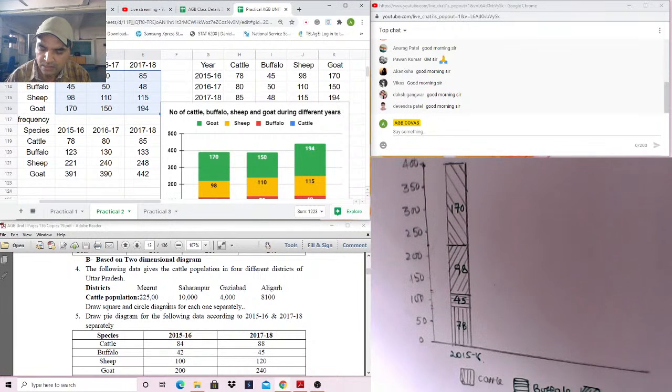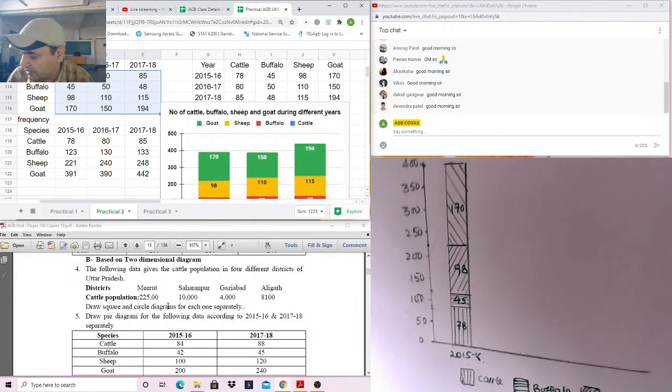Okay. Then in your Saharanpur, the cattle population is 10,000. In Ghaziabad, cattle population comes out to be 4,000. And in Aligarh, the cattle population is 8,100.